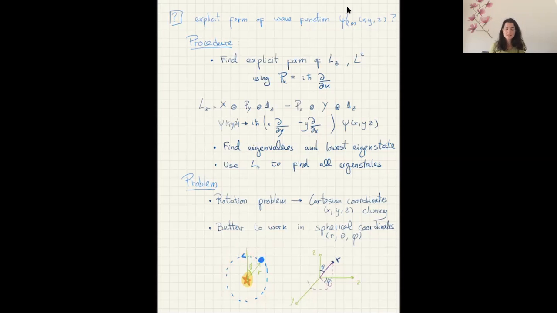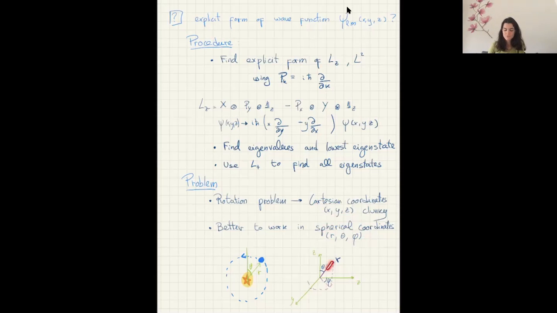But if you express it in polar coordinates, it's very easy. For a circular orbit, r does not change, and theta just changes linearly in time. In the 3D case, it's even more complicated to work in Cartesian coordinates x, y, z, so it's much easier to work in spherical coordinates, which are exactly the same as we saw in the Bloch sphere.